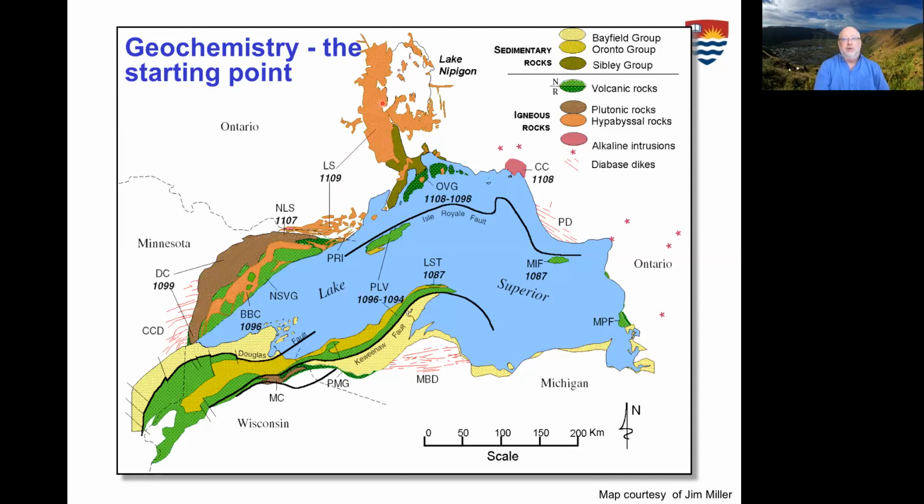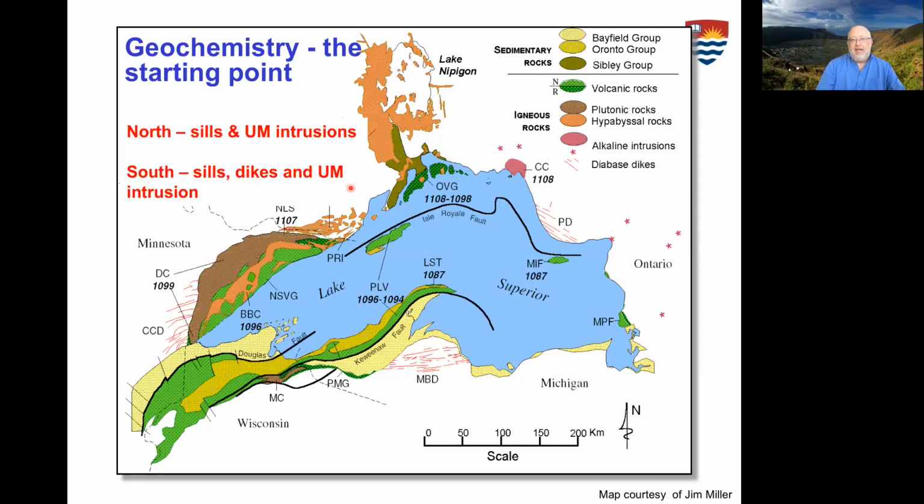So they were all called the Logan sills. Everything in orange was called one unit. We had one composite age taken from some material here and some material up here, and they mixed it all together and dated it and came up with an age of 1109. It's actually a pretty good age, it turns out, but the methodology was a little bit suspect.